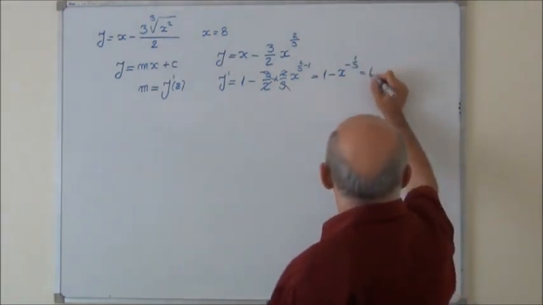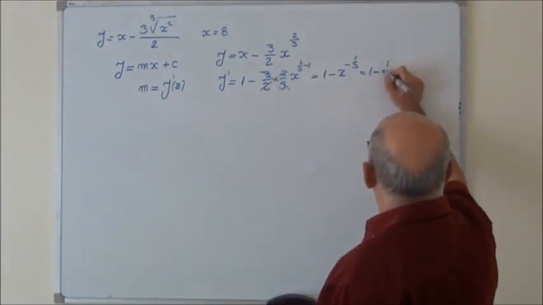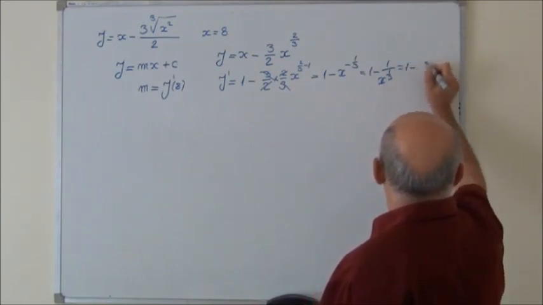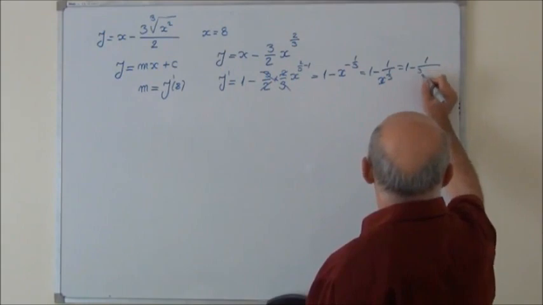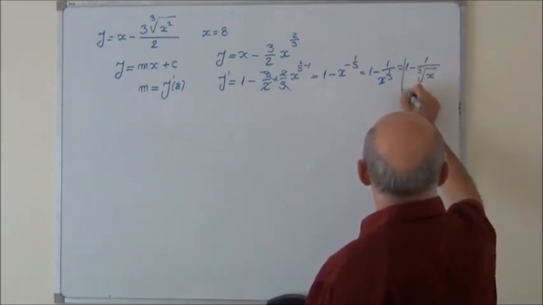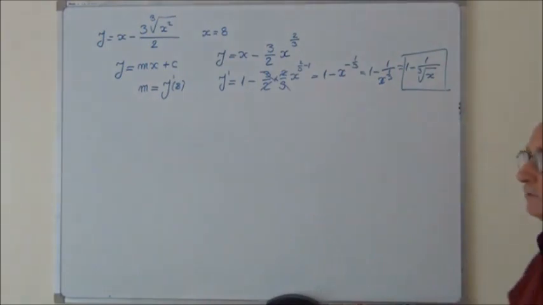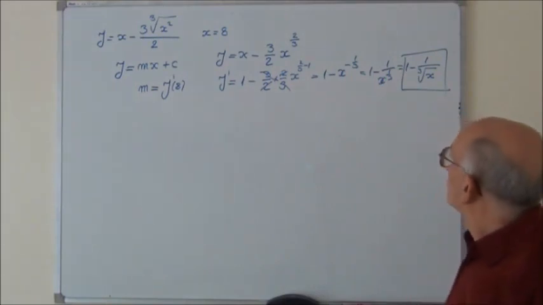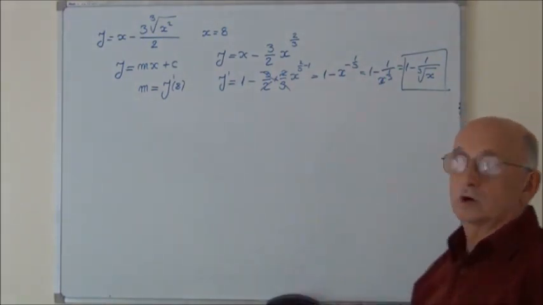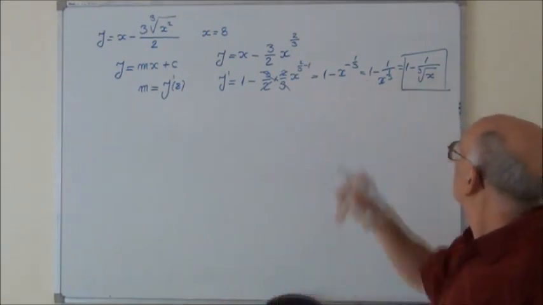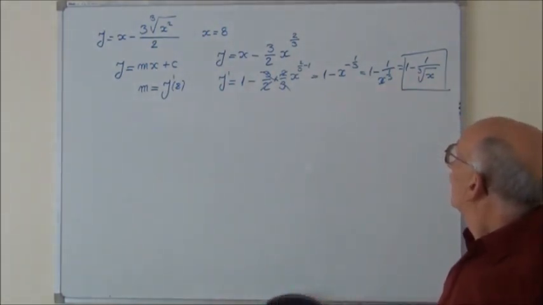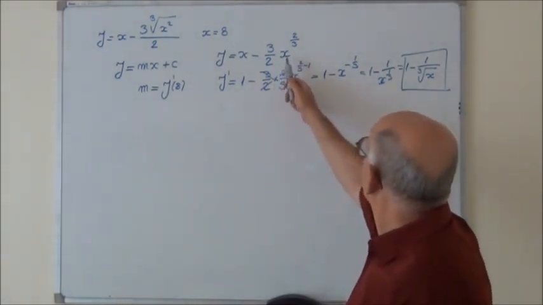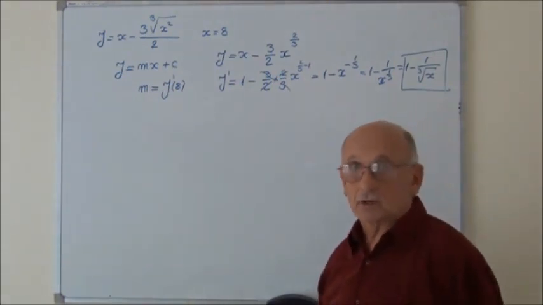And this is further 1 on x to the power 1 on 3, or 1 minus 1 on the cube root of x, that is our derivative. I did it here step by step, all steps, just to tell you how to manipulate those powers. But when you are confident enough, you can write the derivative straight away from here, then perfectly fine.